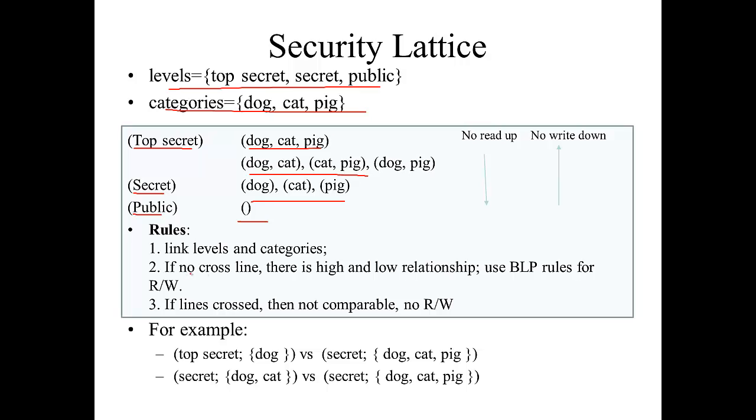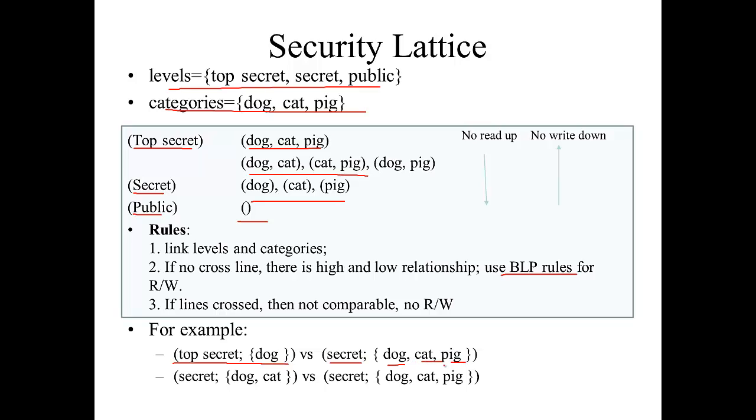Okay, if there is no cross line, there is a high and low relationship, so use BLP for read and write. If lines cross, then they are not comparable, no read and write. Let's use an example to show that. For example, a subject with top security dog category, but the object is security and dog, cat, pig.